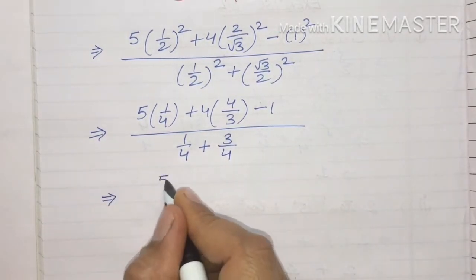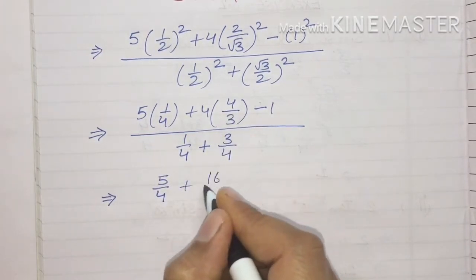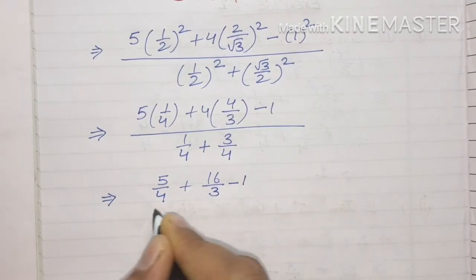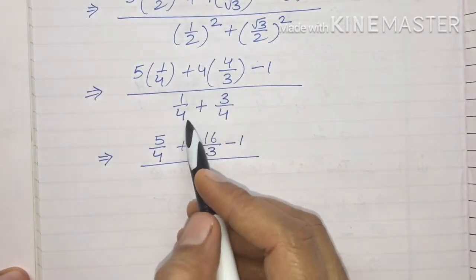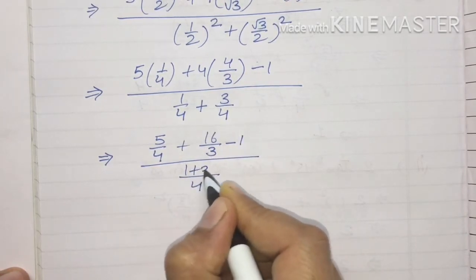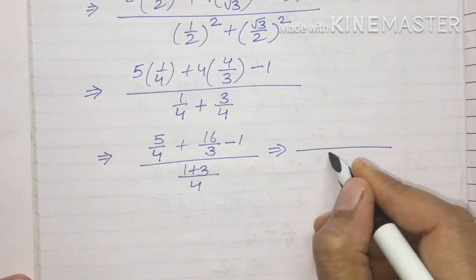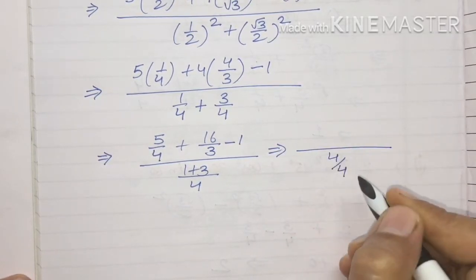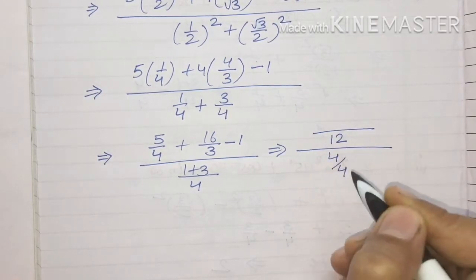So now this will be 5 upon 4 plus 4 4s are 16 upon 3 minus 1, and in the denominator we can add these two, 1 plus 3, so it will be 4 upon 4. In the numerator we can take LCM 12.